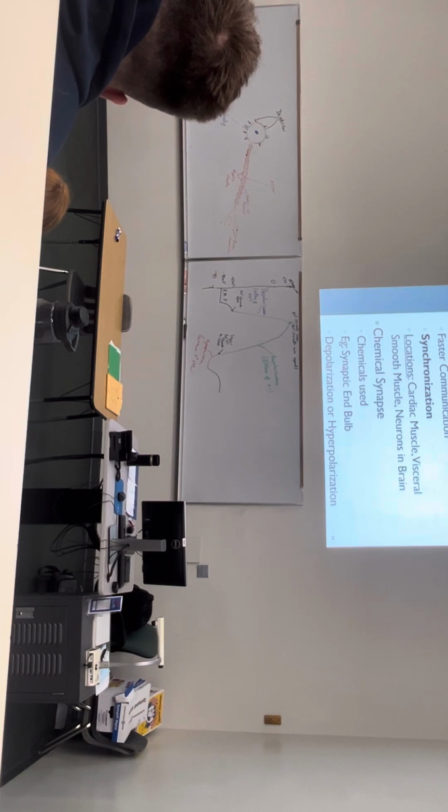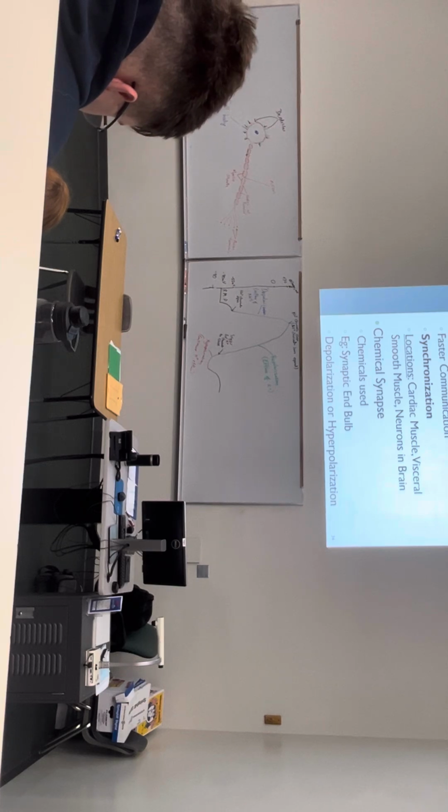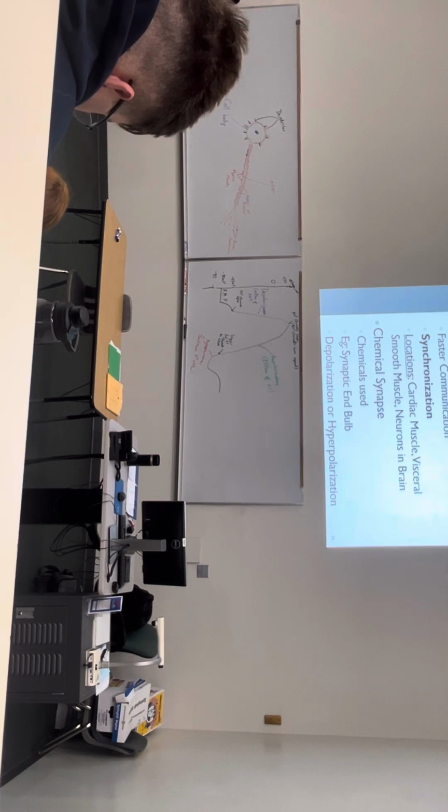Which way would potassium move? Out of the cell. What charge does potassium have? Positive, so losing positive charge will become hypopolarized. It depends on what those channels are connected to, these chemical receptors. So we either have depolarization or we can have hypopolarization, depending on those channels.